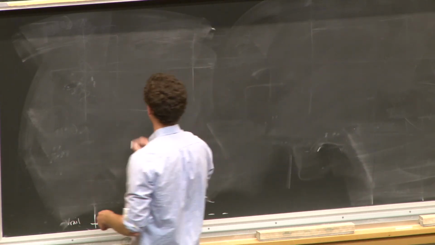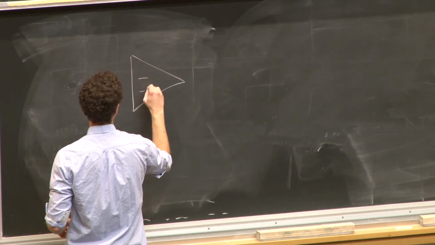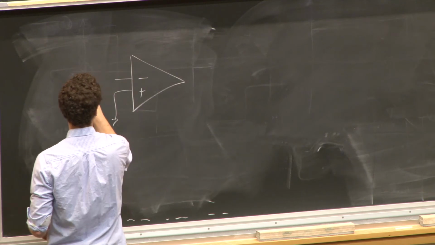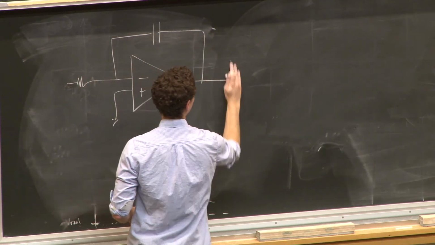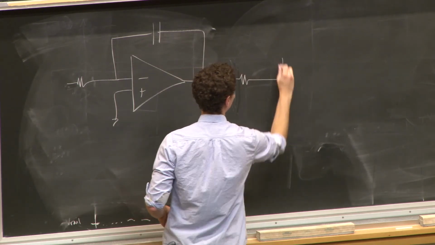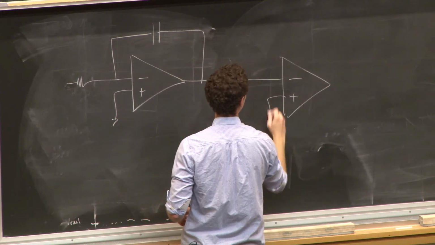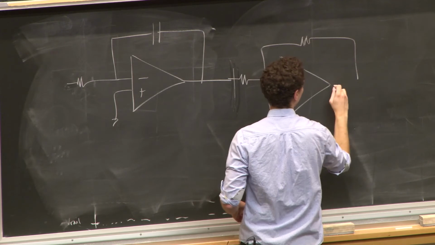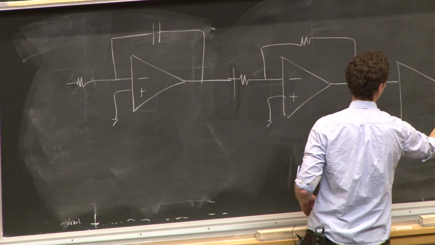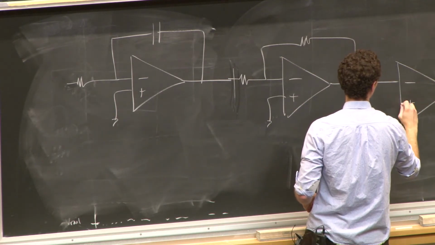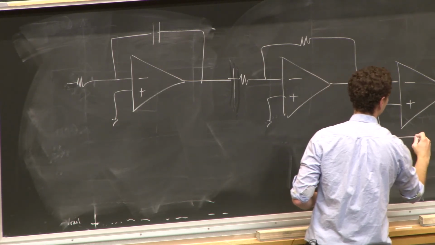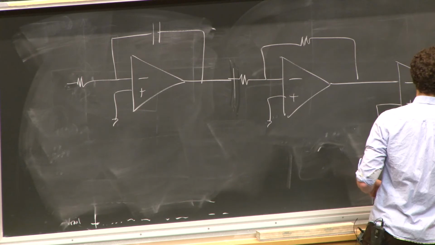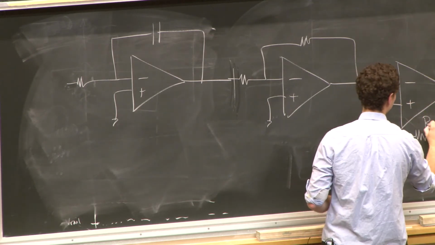So, same circuit that I had before. Here I have my inverting amplifier, and here I have my positive feedback amplifier, or comparator, and I add to it some voltage division.